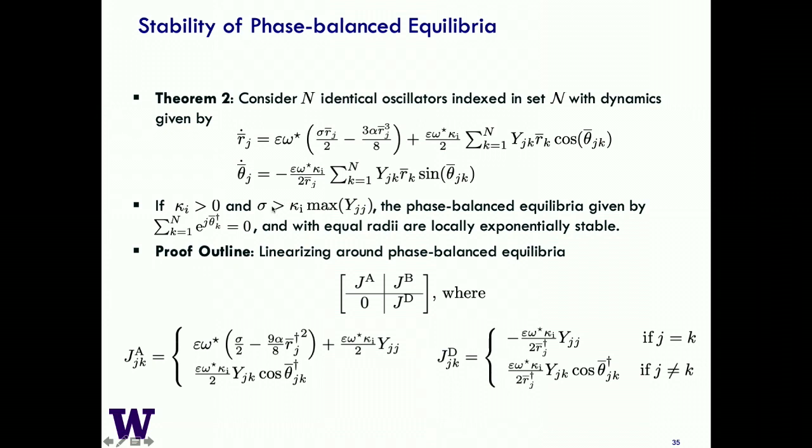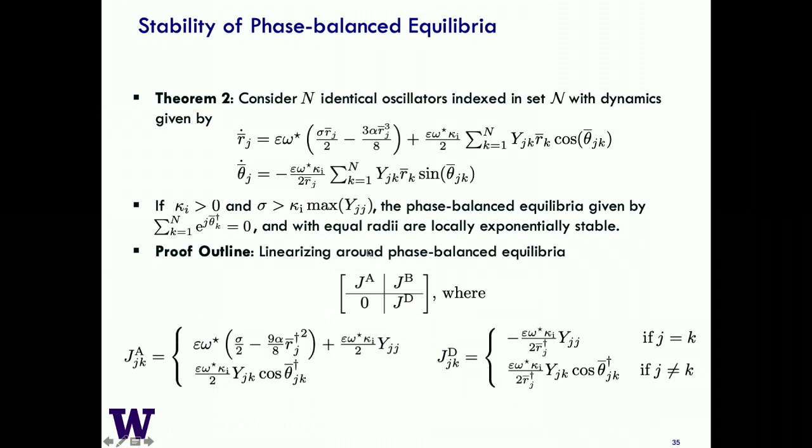As long as that condition is met, this phase balance condition with equal radii is locally exponentially stable. This just means that the condition where all of the angles are spaced across the circular torus is attractive at that point when we have this positive feedback.